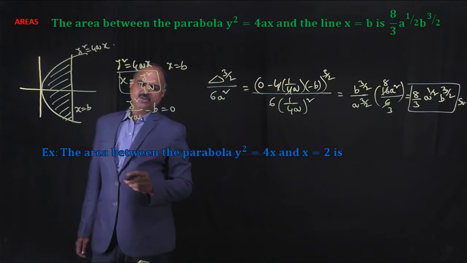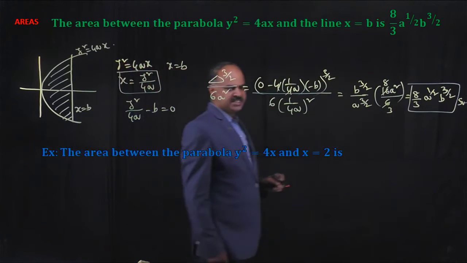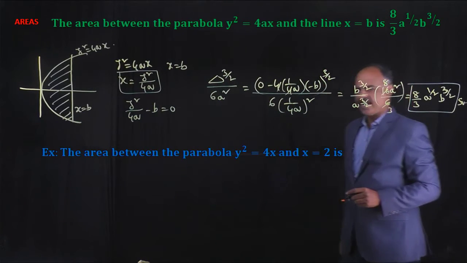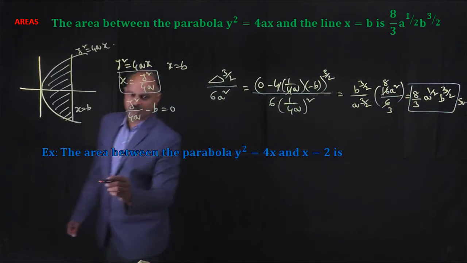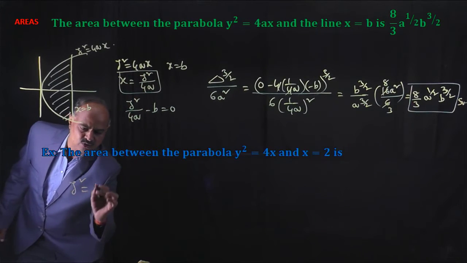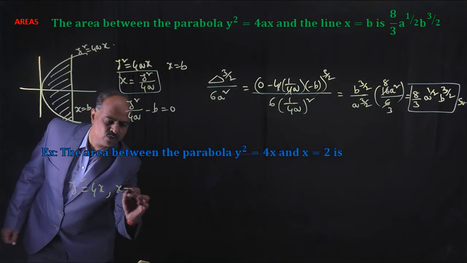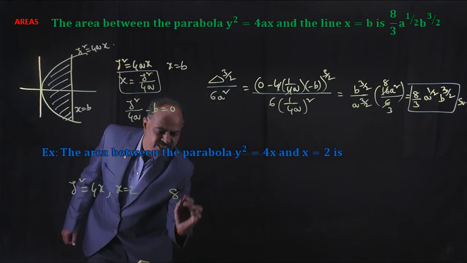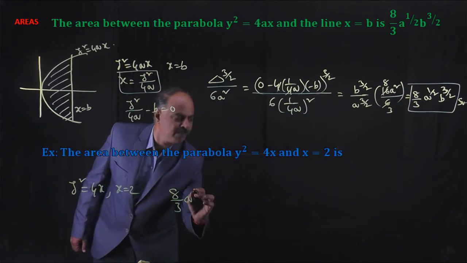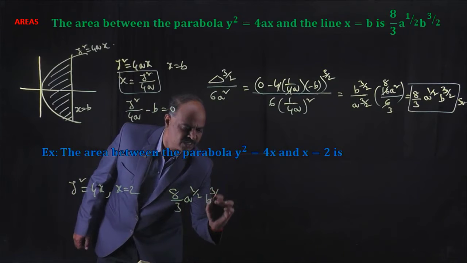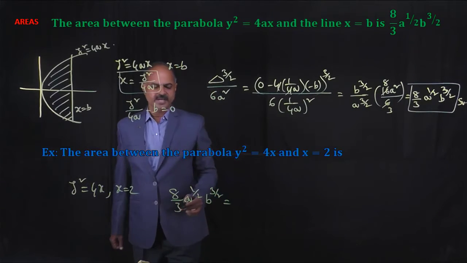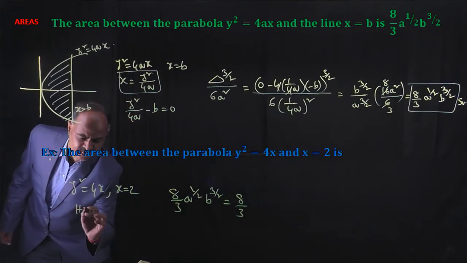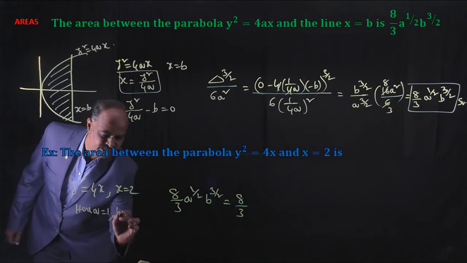Next, for example, the area of the region bounded by the parabola y² = 4x and x = 2. Given y² = 4x and the line x = 2, the formula is (8/3) a^(1/2) b^(3/2). Here a = 1 and b = 2.